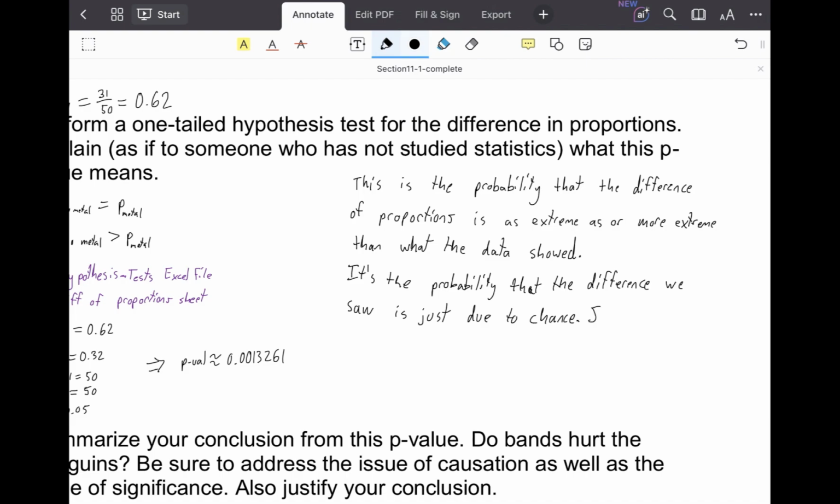Since this is so small, it's likely that the metal bands had an effect on the survival rate.